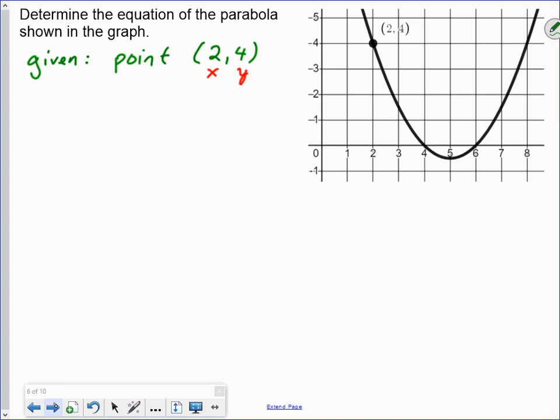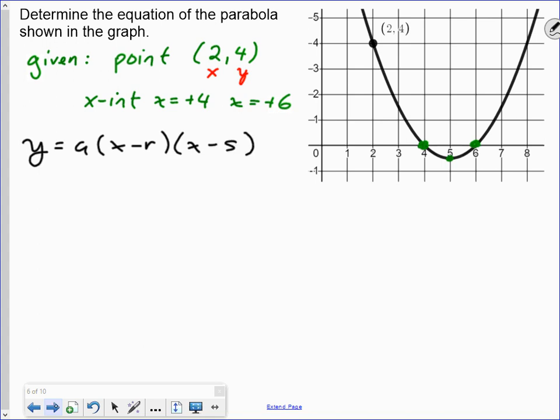So for our vertex, I don't know exactly what the coordinates of the vertex are, but I can see pretty clearly that my x-intercepts here are x equals 4 and x equals 6. Because I have those two x-intercepts, I'm going to start from my factored form.